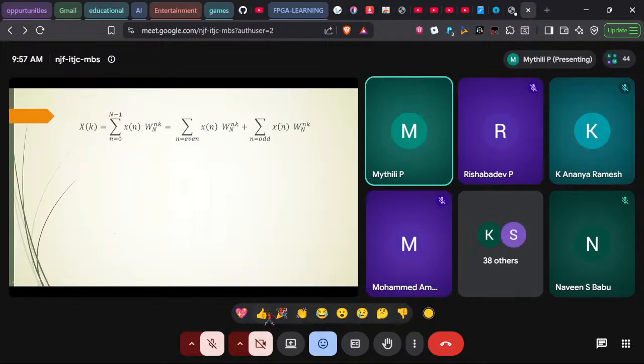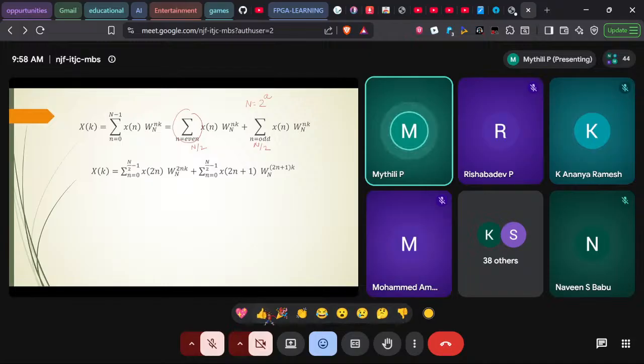Okay. So how many elements will you have in this summation? Since we have already expressed N as a power of 2, half of N will be there in each of the summations. So this has N by 2 terms and this has N by 2 terms. Okay. Now how do we represent the even part?